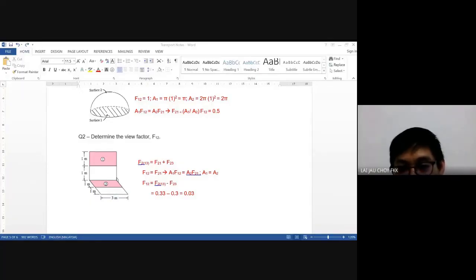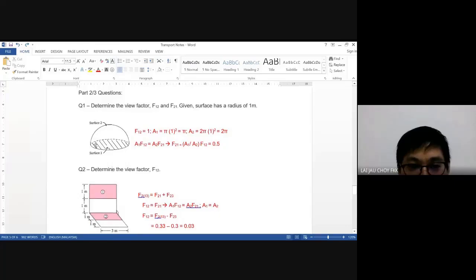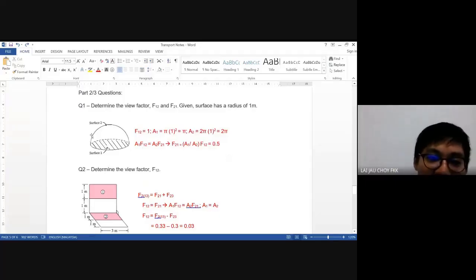Why F12 equals 1? I explained already in the lecture. Surface 1 is a flat surface. In this case, you only have 2 surfaces.